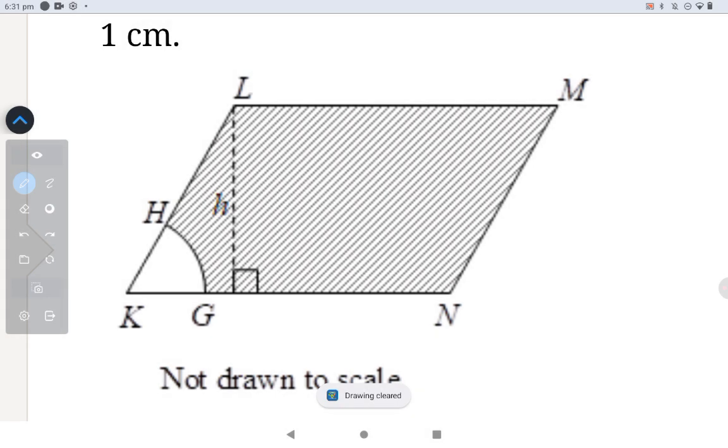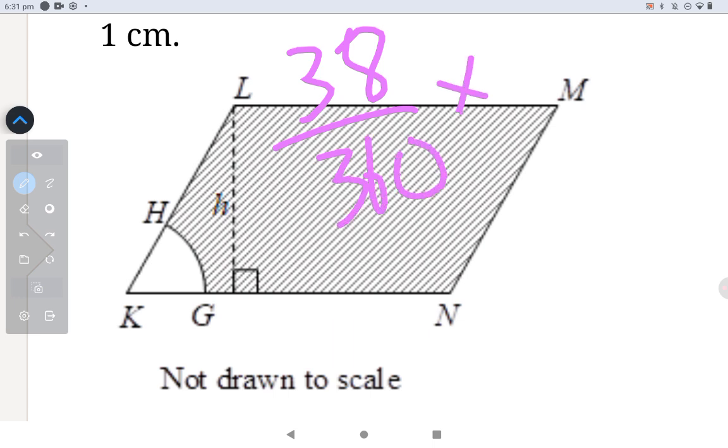Now to find the length of a sector, it's 38 over 360 multiplied by the formula for the circumference of a circle, which is 2 pi r. R is 1, so it's just 2 pi.